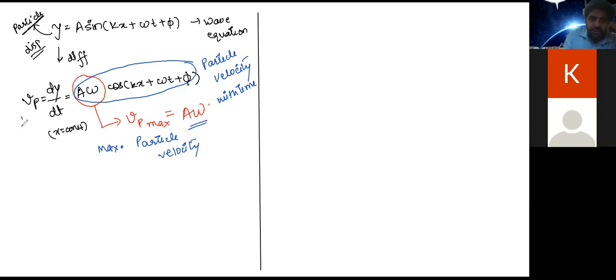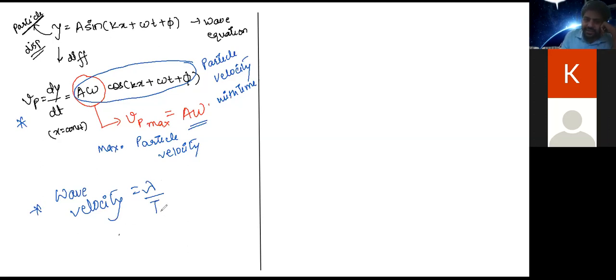And this is not the same as wave velocity. Why? Because wave velocity is the distance traveled by the wave per unit time. When the wave travels a lambda distance, it takes T time.